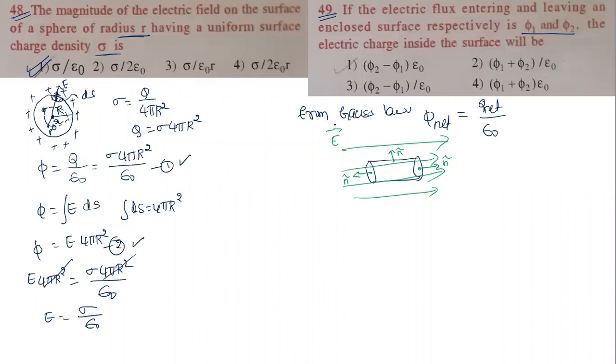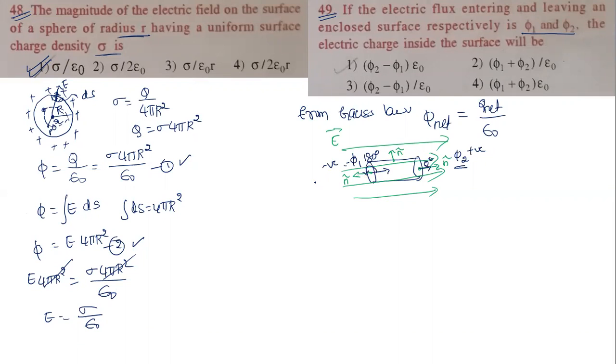I told you the flux is entering here, let us take it as phi 1. Flux is leaving here, take it as phi 2. Phi 1 must be negative, right? Because the electric field is in this direction, the angle with the area vector is 180 degrees. And here the electric field is in the same direction, so the angle is 0 degrees. So this is a positive value and this is a negative value.